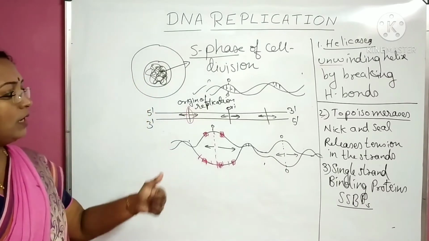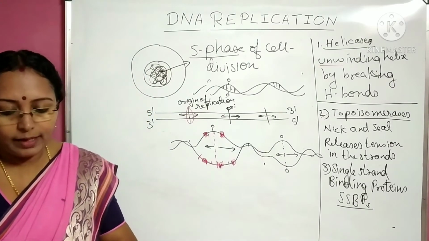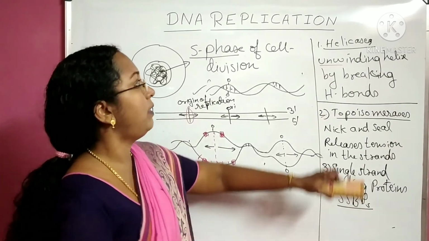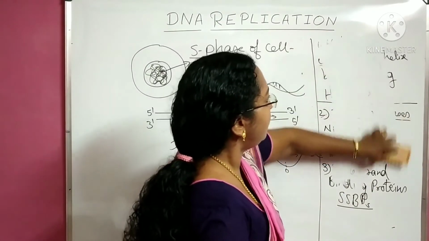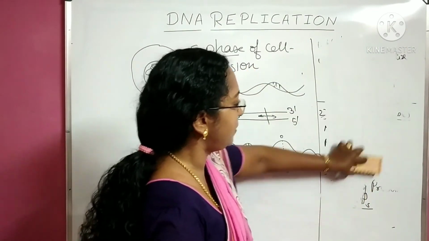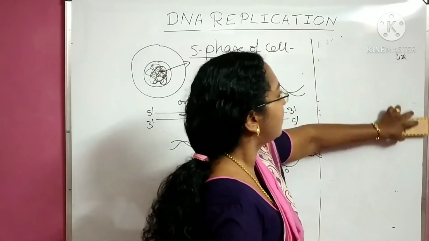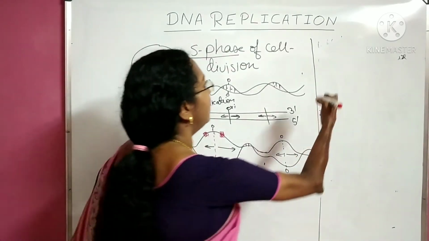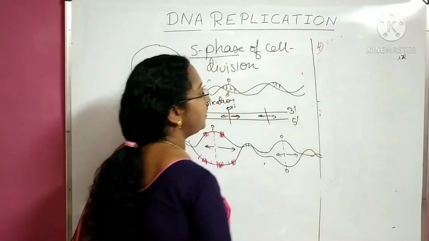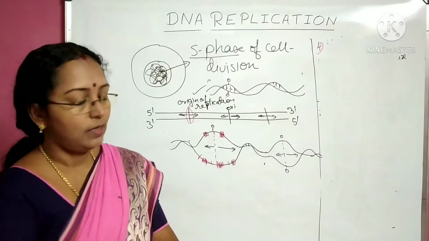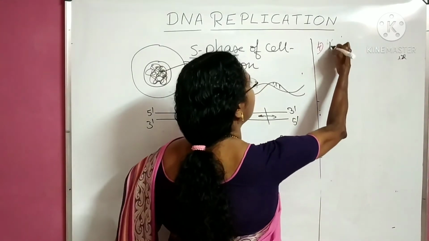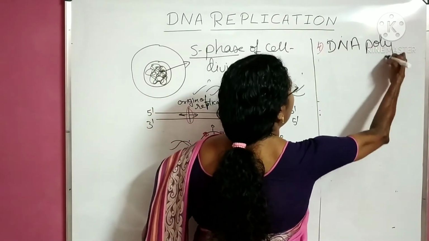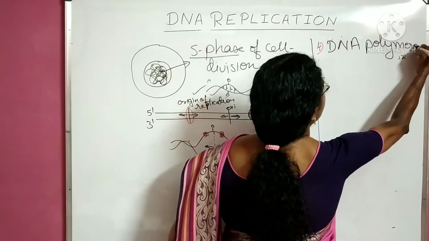Okay. Now, then hereafter comes the main enzyme for replication, the key player of replication. The main enzyme that is involved in replication is called as DNA polymerase, because it is polymerizing the DNA.